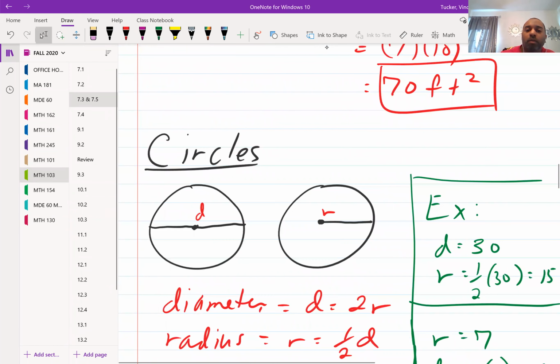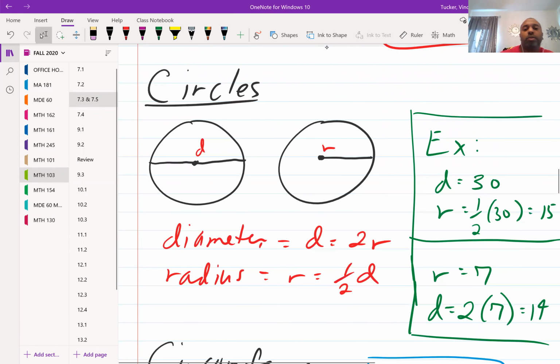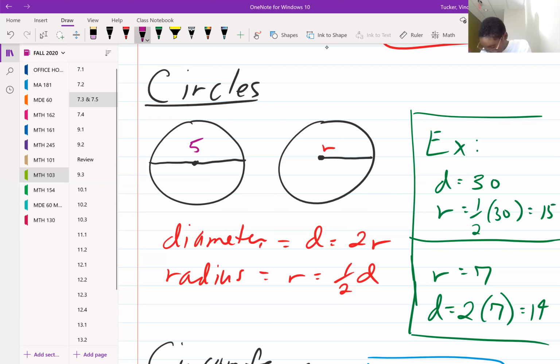Okay, circles. If you see a diagram with a line going through the center from one end of the circle to the other, that's your diameter. If we have something going from the center to the edge of the circle, that's your radius. They don't necessarily have to tell you the diameter, but if they put a 5 on the diameter line in the diagram, that's letting you know the diameter is 5.